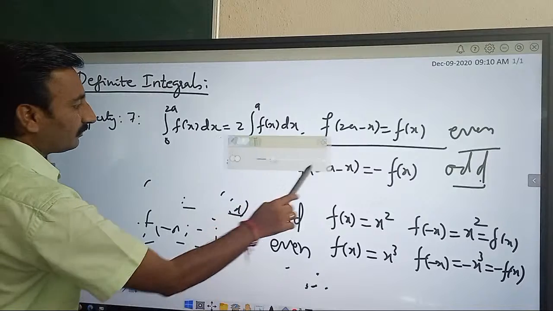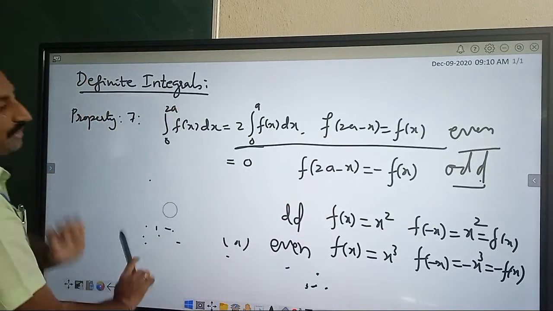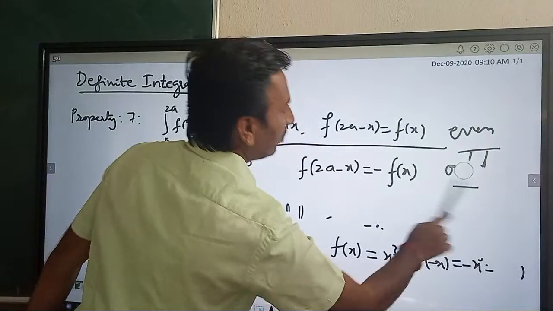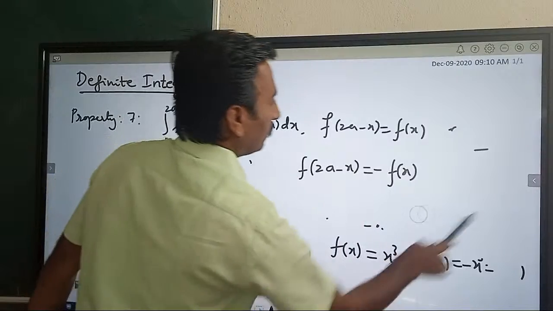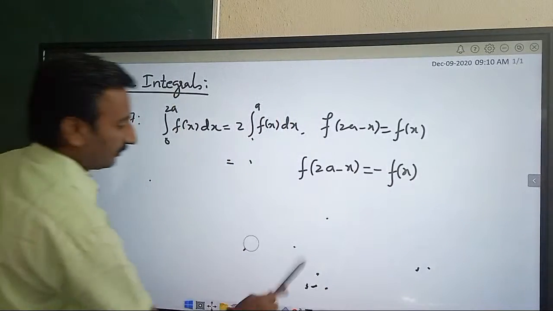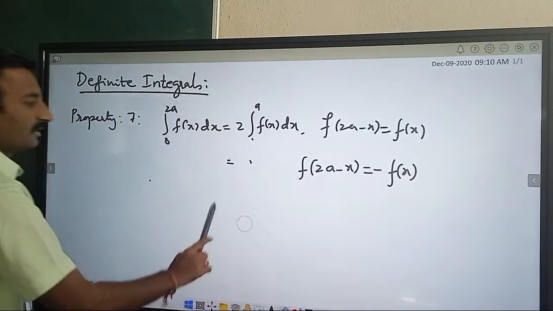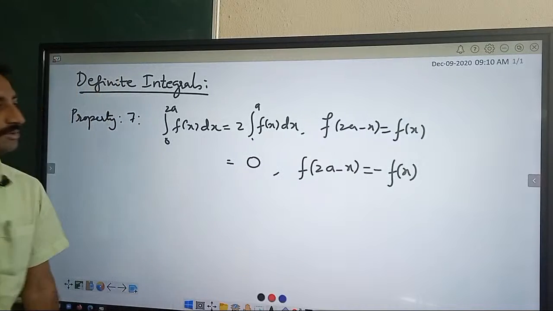Only write the property statement. Then I will write the proof on the next page.